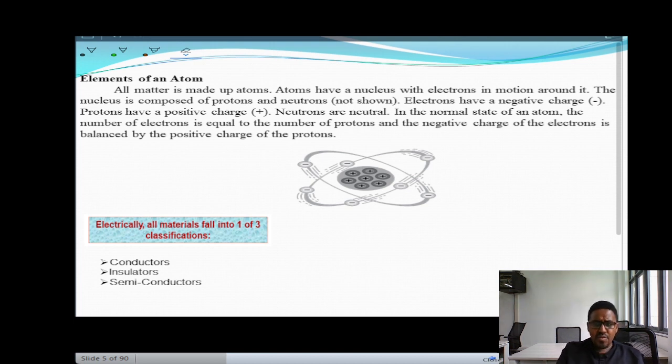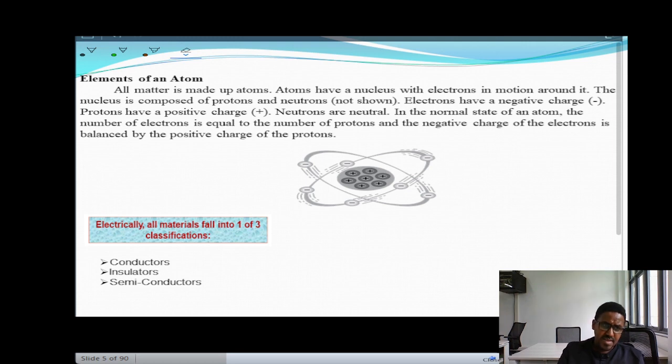So electrically, all materials fall into one of three classifications. How to decide these materials? We must know about valence electrons. Valence electrons are in the outermost shell or energy level of an atom.